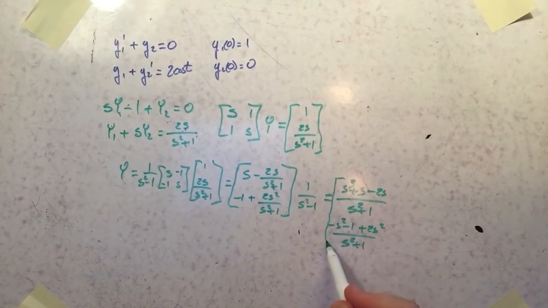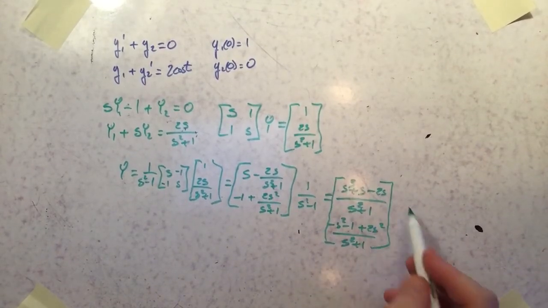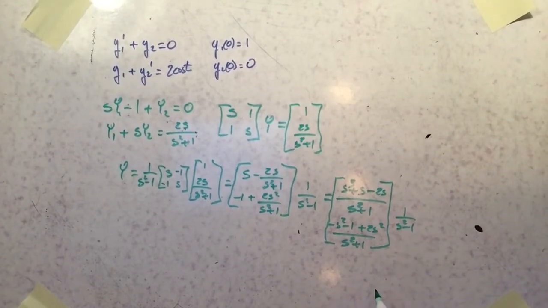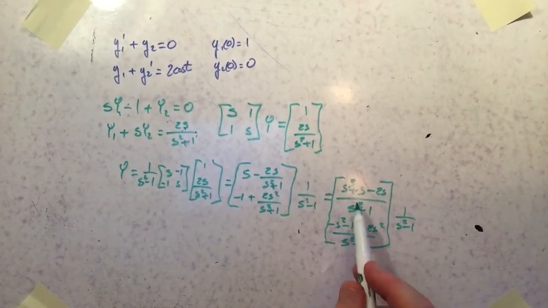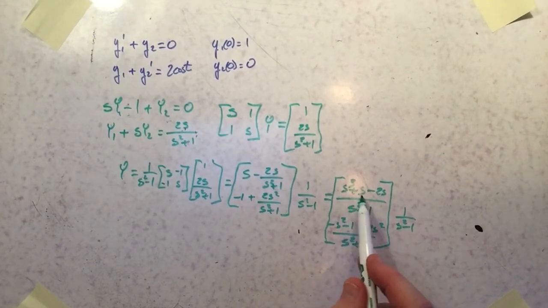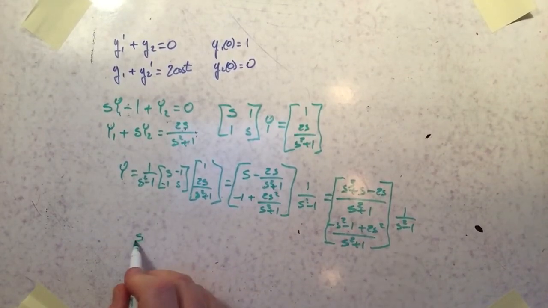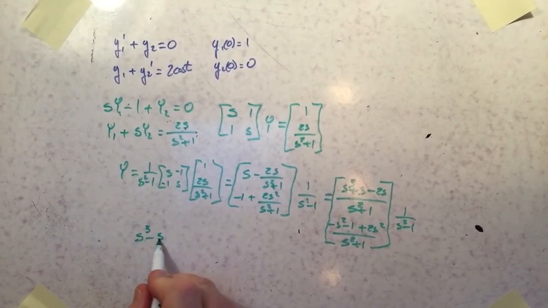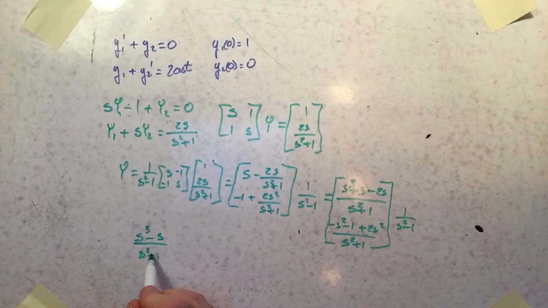And keep in mind that once all this is simplified, it still has to be multiplied by 1 over s squared minus 1. Okay, the numerator of this one is s cubed plus s minus 2s, so that's s cubed minus s. So s cubed minus s, and that's over s squared plus 1.